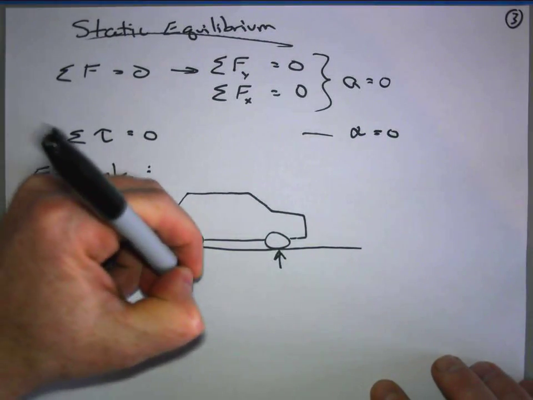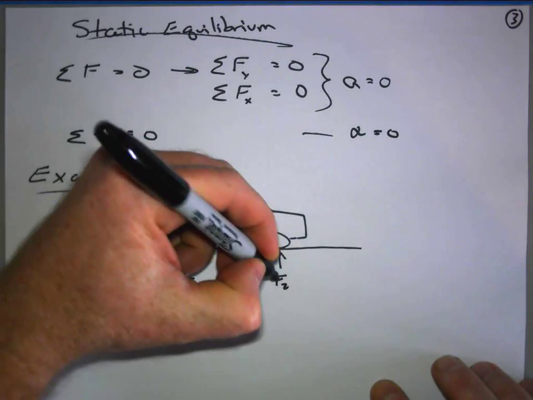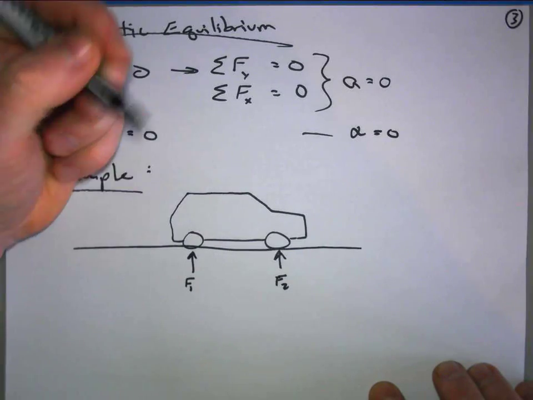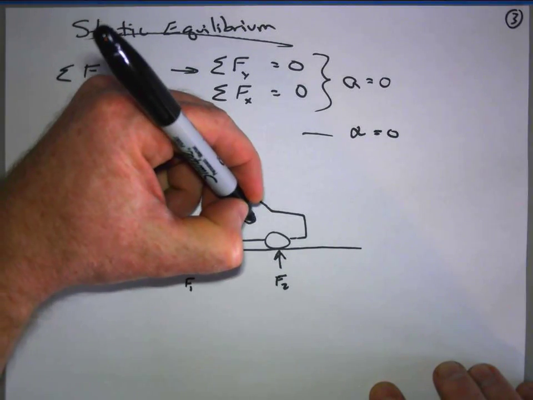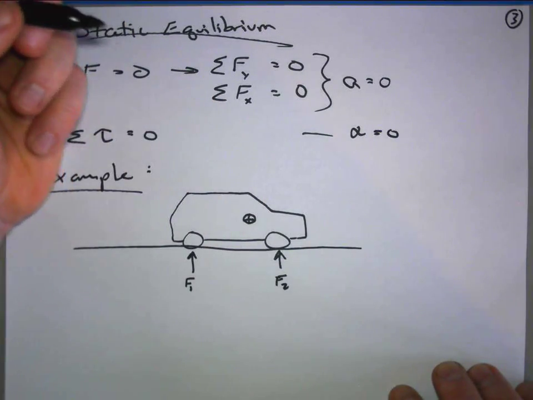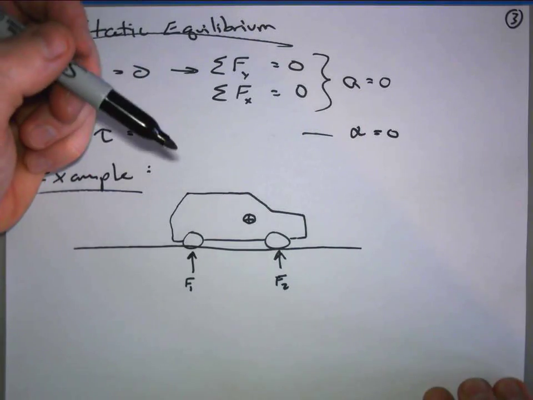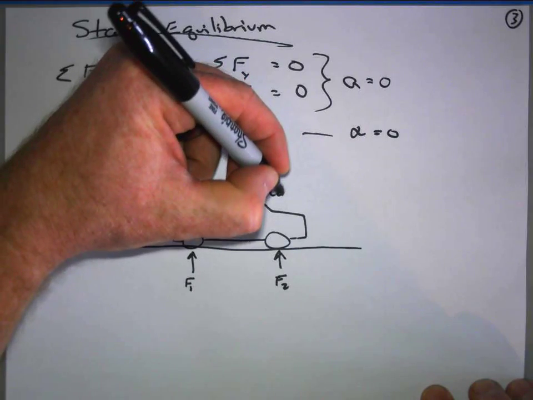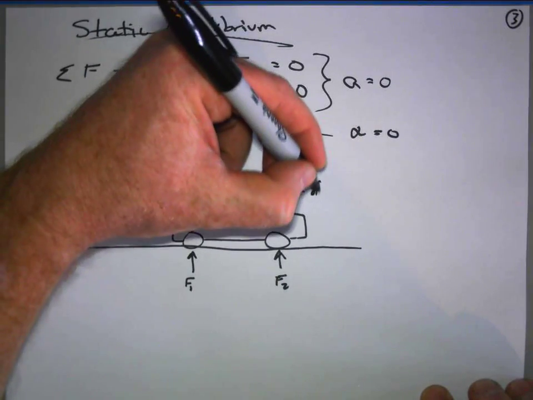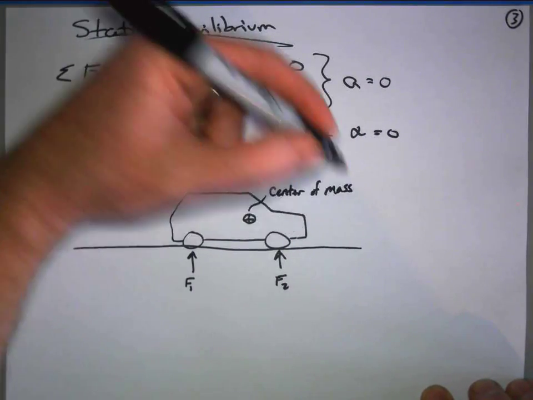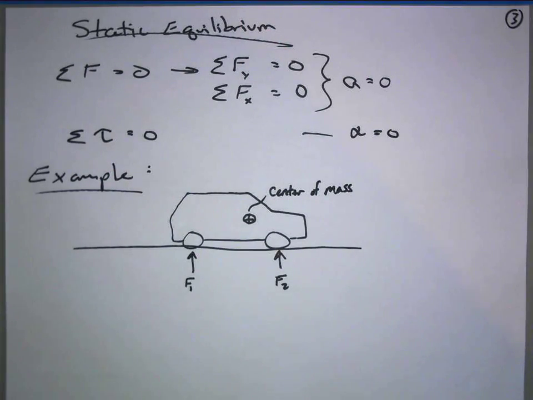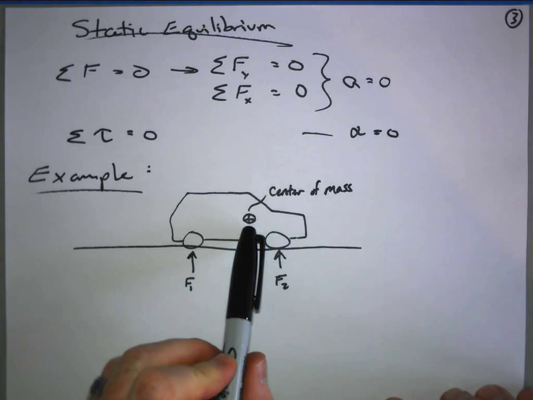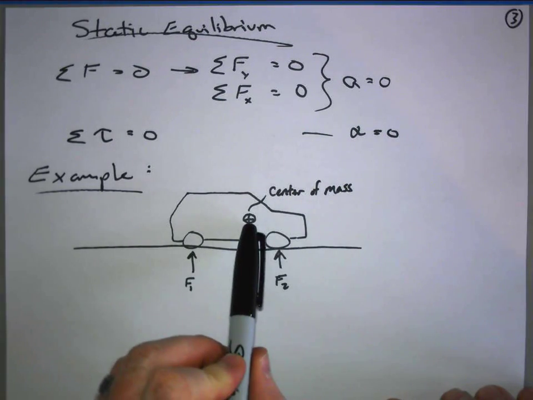The label is force 1, force 2. But there's the weight of the vehicle also, and the weight of the vehicle is acting through what you can call the center of mass. Now we're not going to get into much about center of mass, but essentially the center of mass is the one spot where the weight will act through the vehicle.